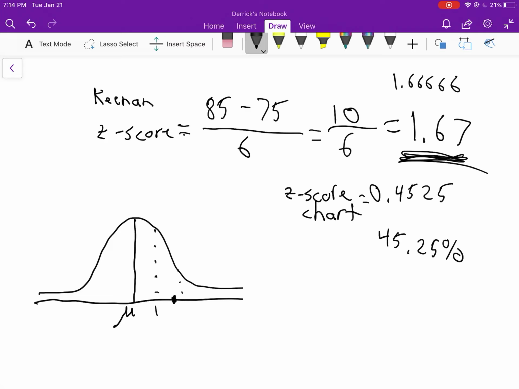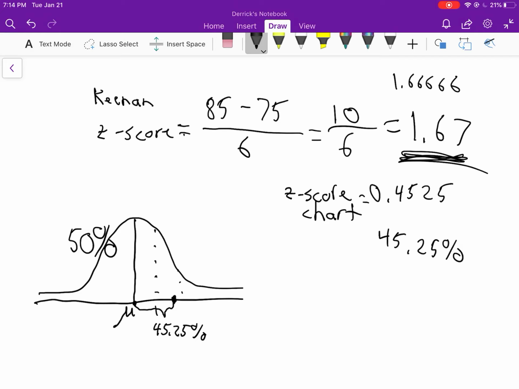That 45.25% is from the mean to this dot. What it's not including is all of this 50% over here.